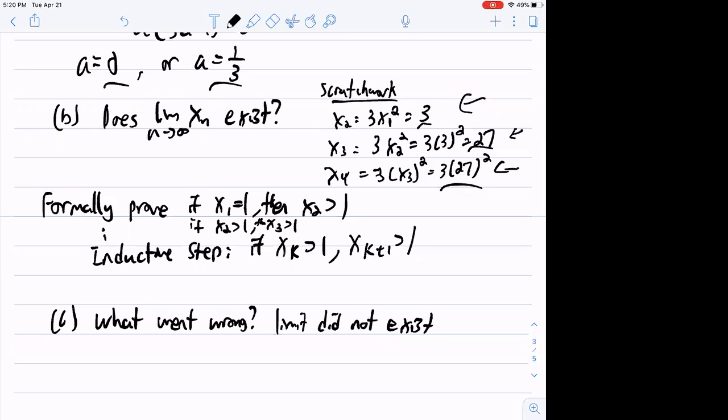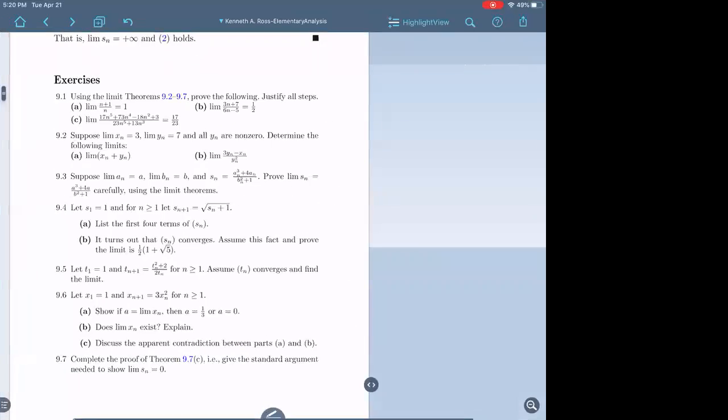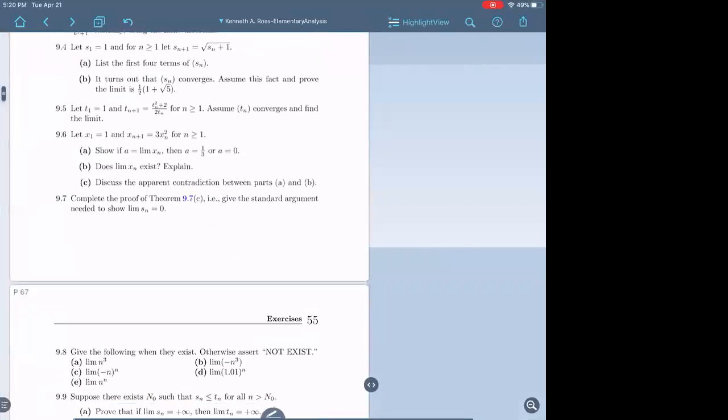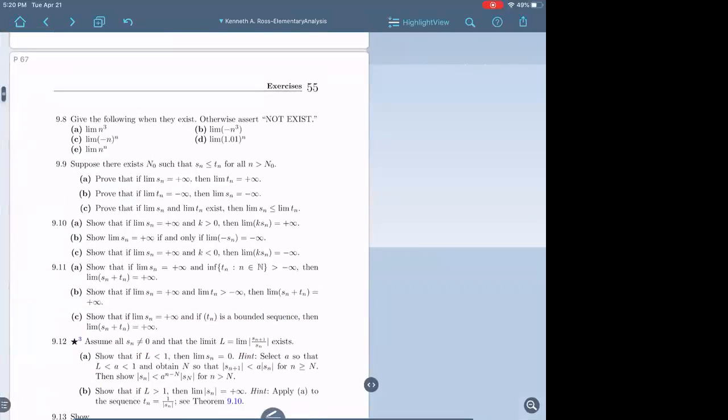Okay. So let's go over some of the definitions of being infinite. So I'll start off with 9.9. Suppose there exists n naught such that Sn is less than or equal to Tn for all n bigger than n naught. Prove if the limit of Sn is positive infinity, then the limit of Tn is positive infinity.